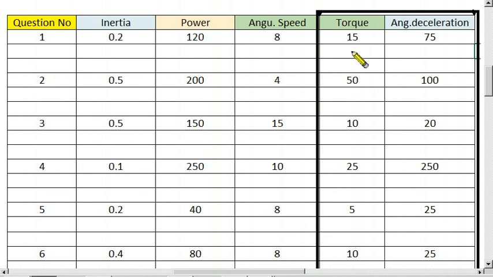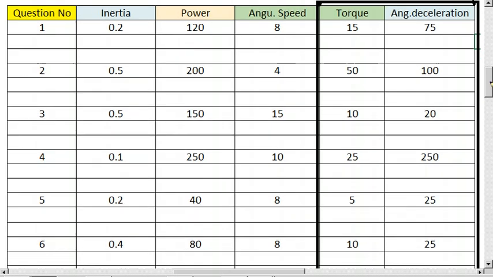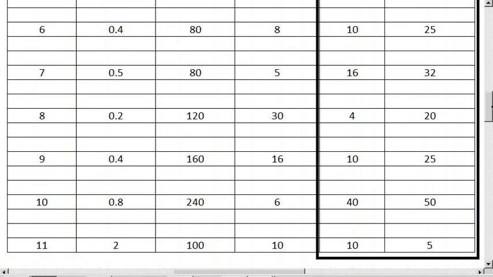You have to check only these two columns. First you find the question number here, and the final answer, angular deceleration, is this one. These are the data: inertia, power and angular speed. This data is in the question, so you have to check only these two columns and the question number only.